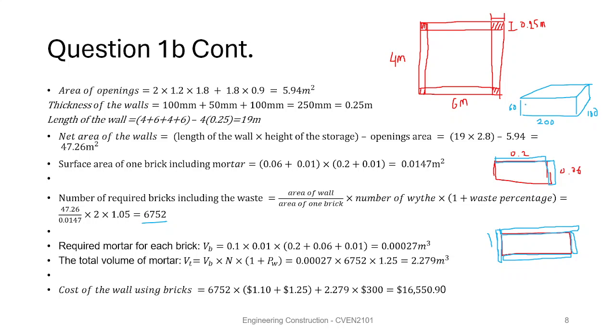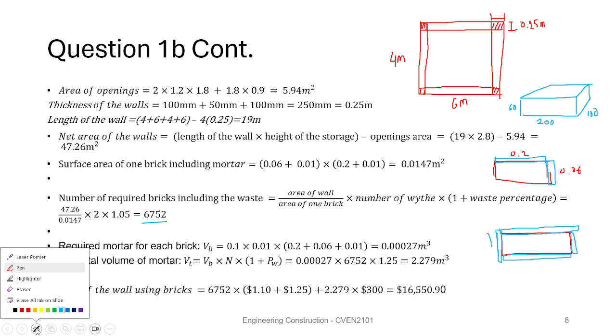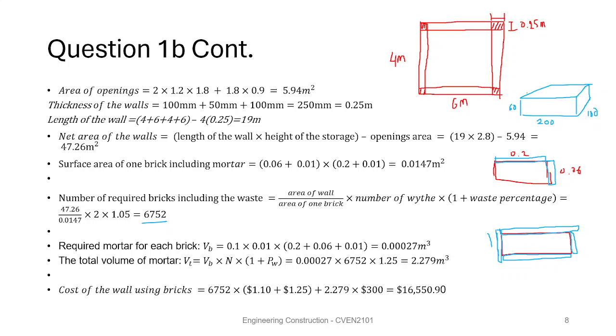So if we know this dimension over here, 0.1 by 0.2, this part of the mortar that we put on is the bottom and the top bit, right? So it's just this part over here. So you put mortar on top, which means you get the number of bricks for that side.